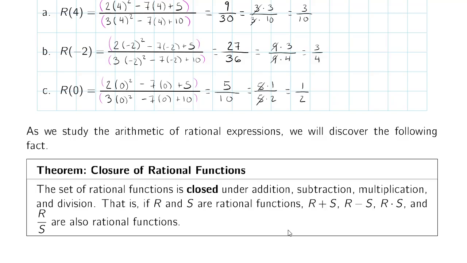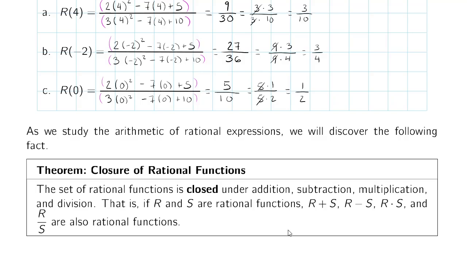So again, this is analogous to the integers and the rational numbers. The polynomials we could add, subtract, and multiply freely, but we usually can't divide. The rational expressions we can add, subtract, multiply, and divide.